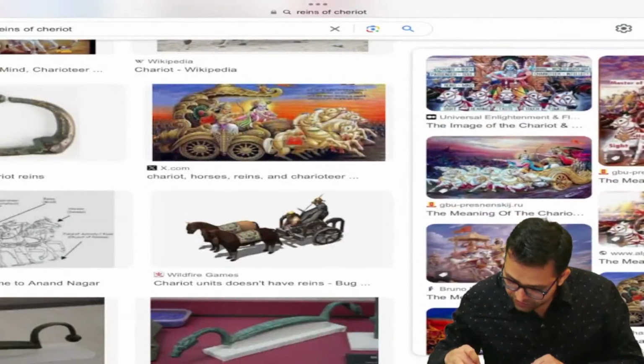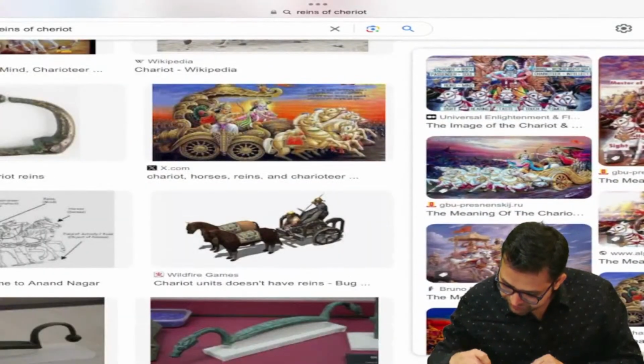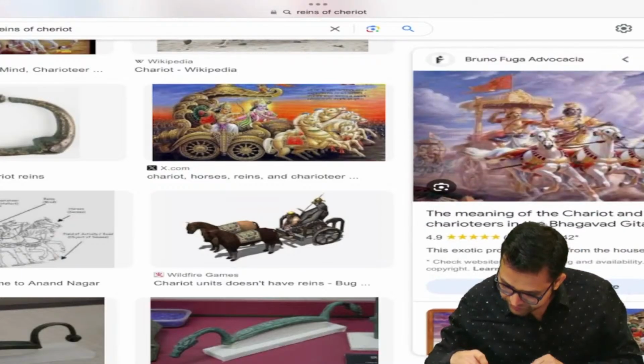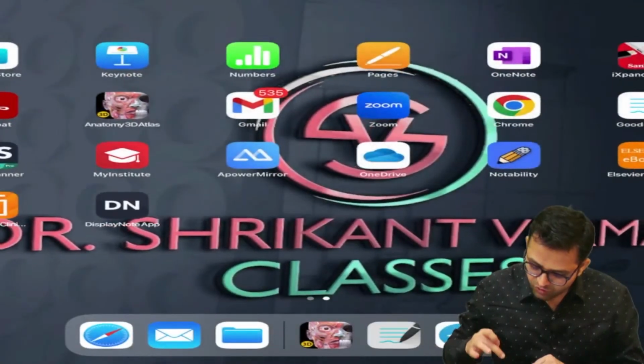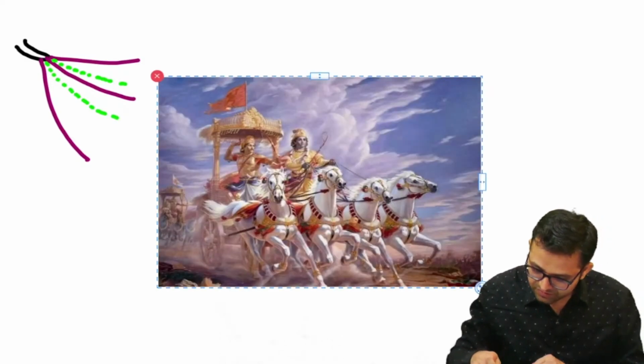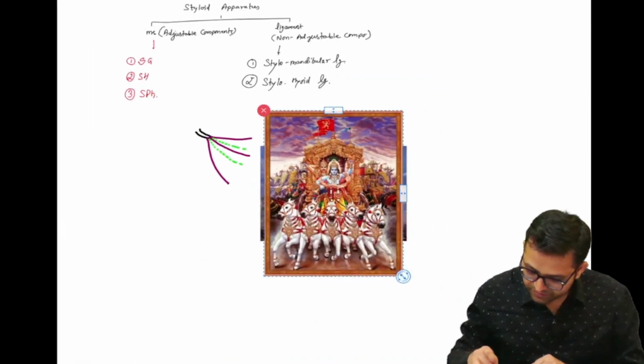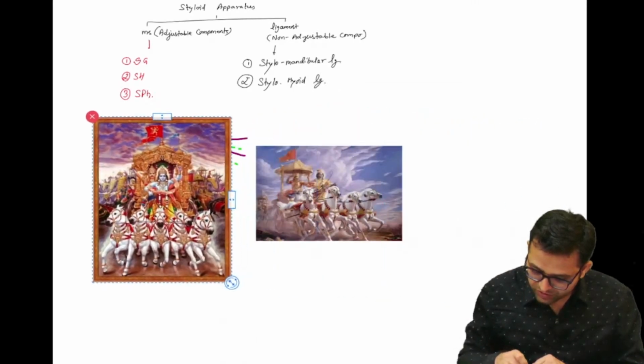Catch this point, one very interesting point. Yes, it is written in our textbook also. Compare these things here.